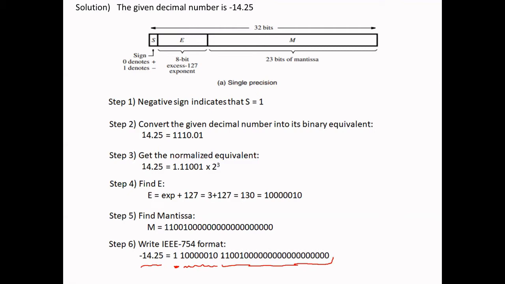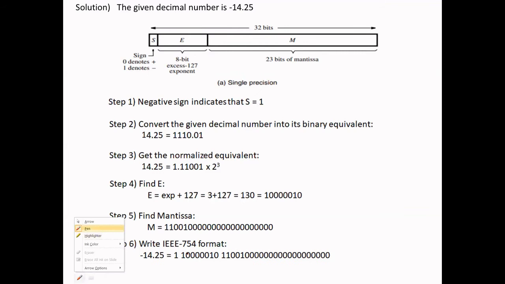Now once you have the 32-bit format, you need to convert it into 4-bit groups in hexadecimal. Once you got this 32-bit IEEE format, we can convert into hexadecimal.